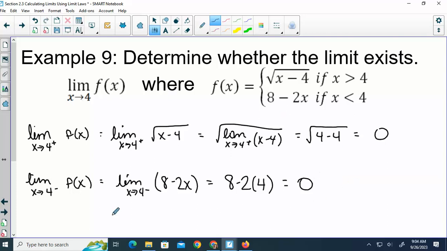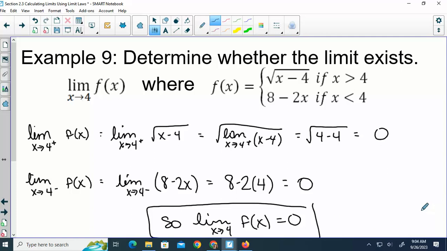So, does this limit exist? The limit as we approach 4 overall does equal 0. Alright. Is that okay?